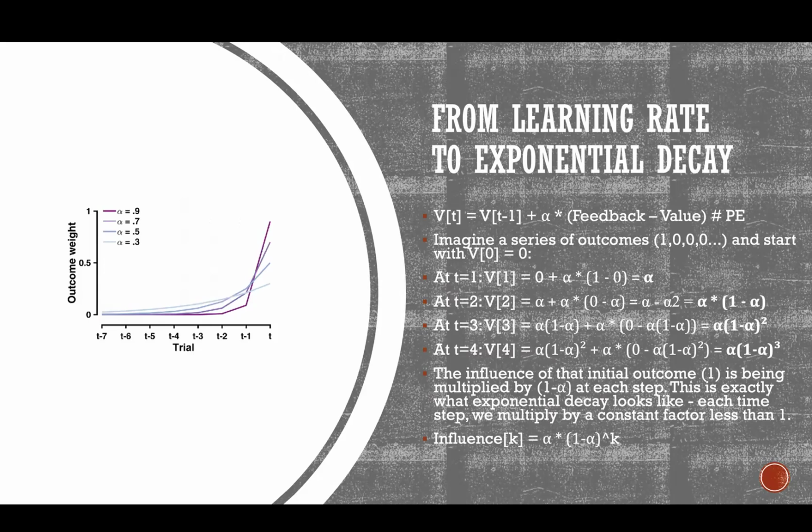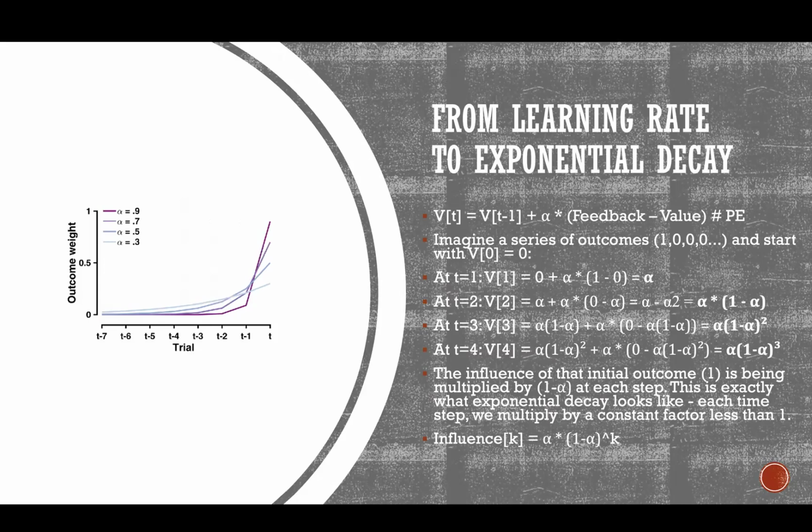If we have a high learning rate, remember that it's 1 minus alpha that determines the decay, it goes down very fast. If we have lower learning rates, it's not impacting us as much at the beginning, but it's decaying slower. Does that make sense?